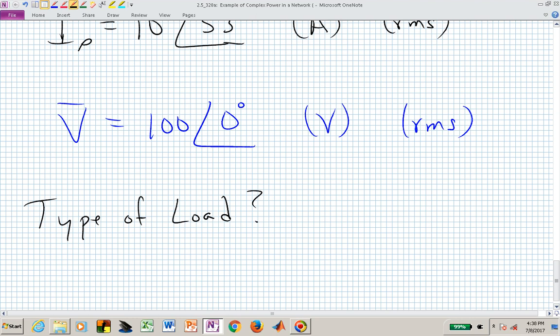And now you can go back to something that you probably need to remember until you retire, which is ELI the ICEman. The reason why you want to remember that is because it tells you how the currents and the voltages are related to one another for an inductive load and for a capacitive load.